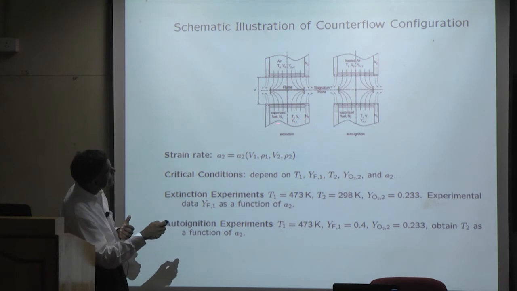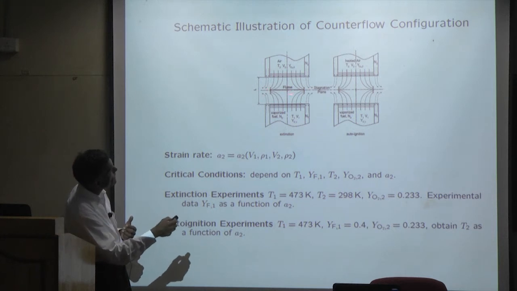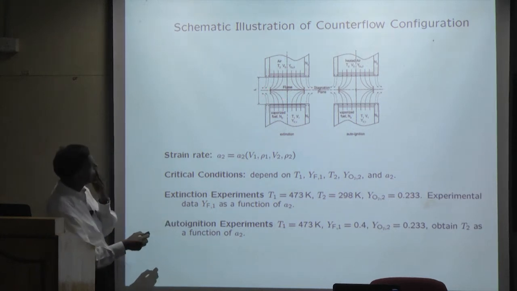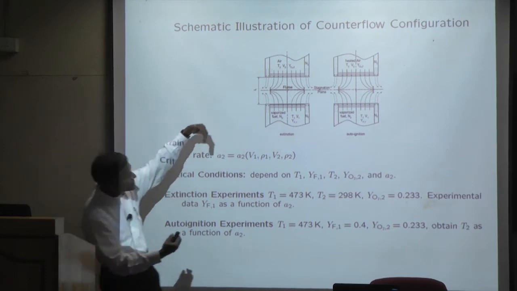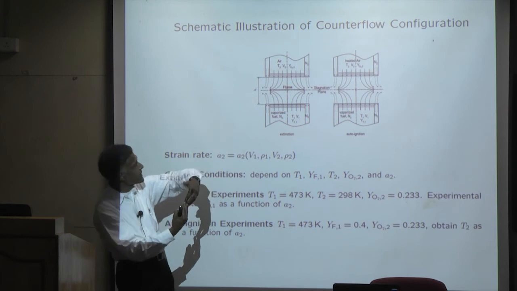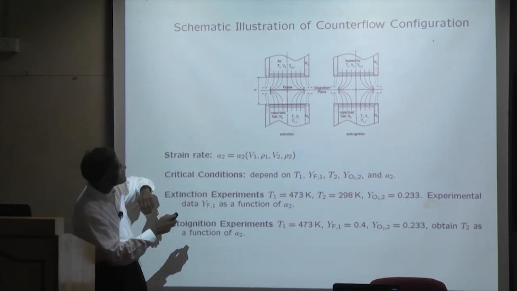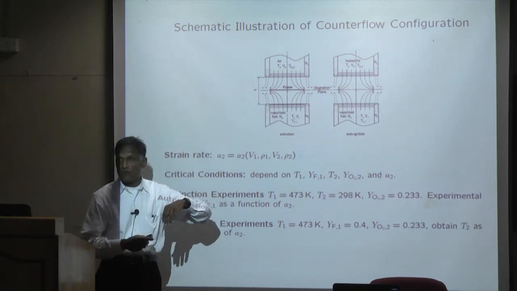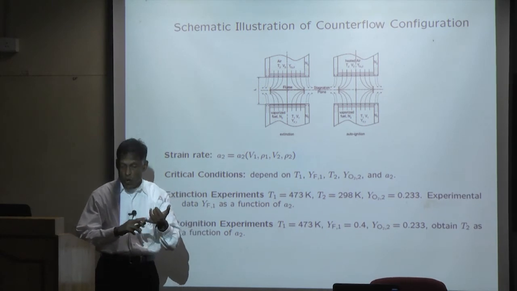You have vaporized fuel coming from here, and air comes from the top. There's a flame that can be stabilized very close to the stagnation point boundary layer. Then we increase the flow velocities of these two jets, which is effectively increasing the strain rate, until the flame goes out. That's the critical condition of extinction.